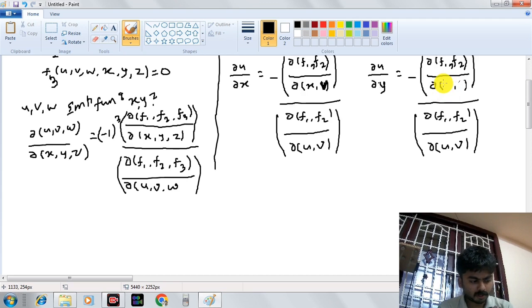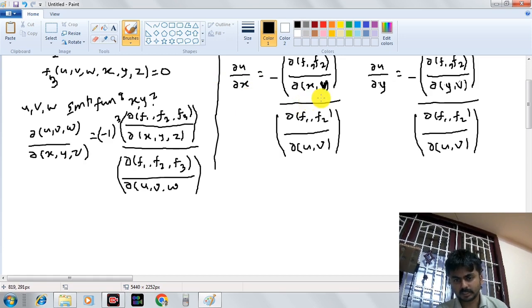With respect to x means I will get x, with respect to y means I will get y, ∂y, and then definitely I will get v. You have to understand that. So when u is differentiated with respect to x, the first term is x and the next term is other than u. When u is differentiated with respect to y, the first term is y and the second term is other than u, that is v.